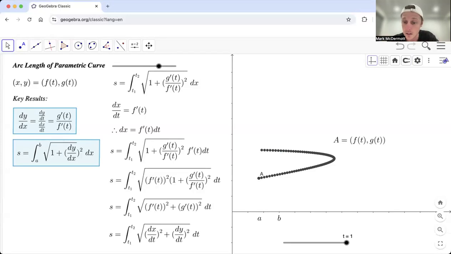And this is, I think, why we learn this, because we can find the arc length of something that looks like this. And when we are doing parametric curves, we do get these cool, funky looking relations a lot of the time. They're not functions, and so we still need a way to find the arc length of those relations. And that's what we get. We get this as our result.